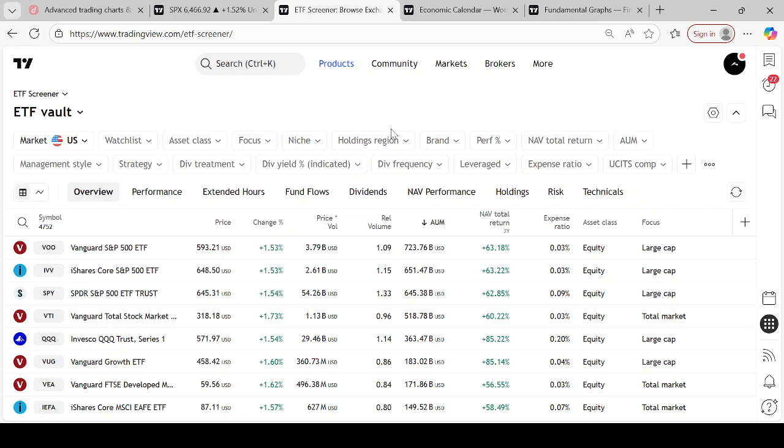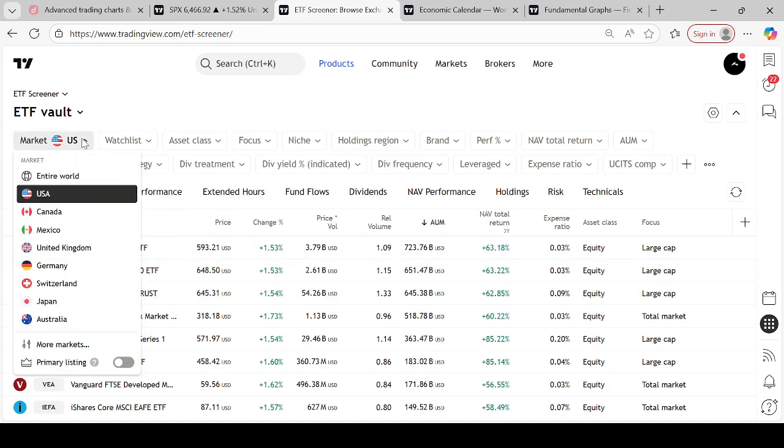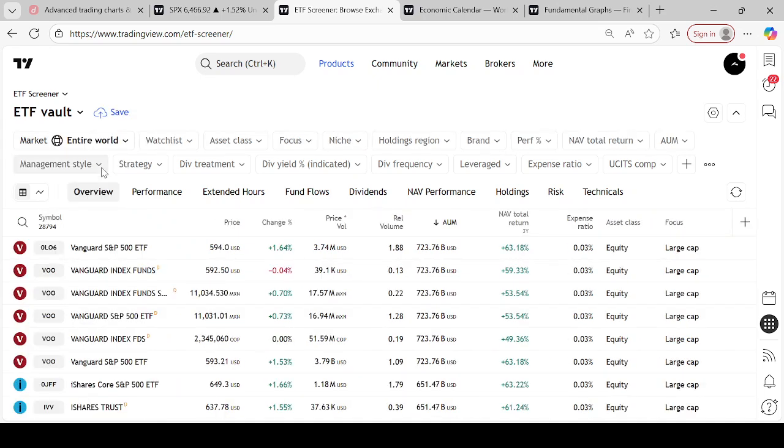As we approach the peak, energy and materials tend to perform well, while defensive sectors such as utilities and healthcare are usually outperformed. Finally, the financial and industrial sectors may start to recover first.